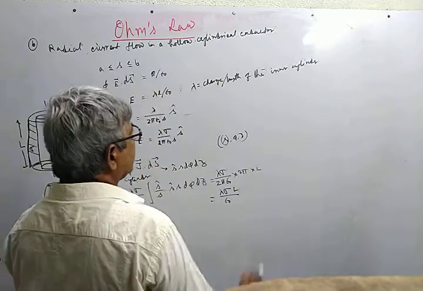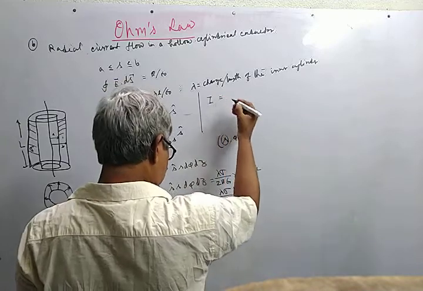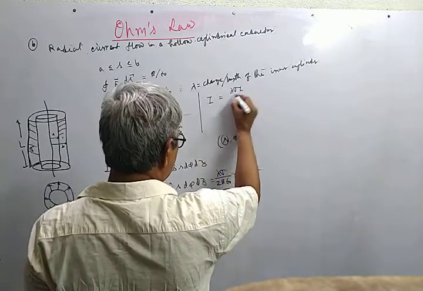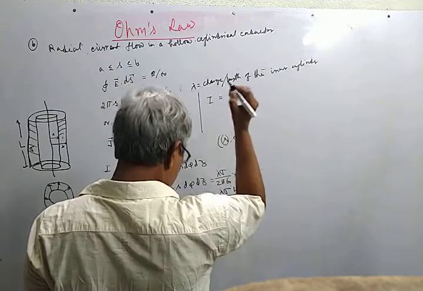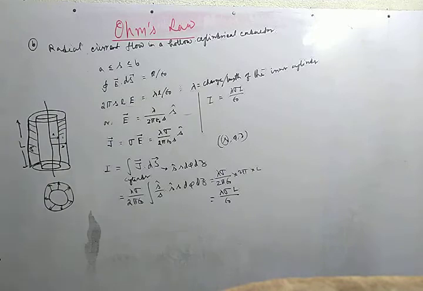So this is the current. Let me write the current as this. Current flowing through this is lambda sigma L upon epsilon 0. Now we are to find out the potential difference.